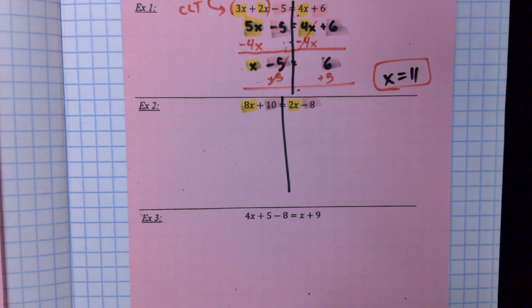Good. 6x. So I get 6x equals negative 18. I divide both sides by 6. How many times does 6 go into 18? Right. What's a negative divided by a positive? Negative. So it should end up with x equals negative 3.